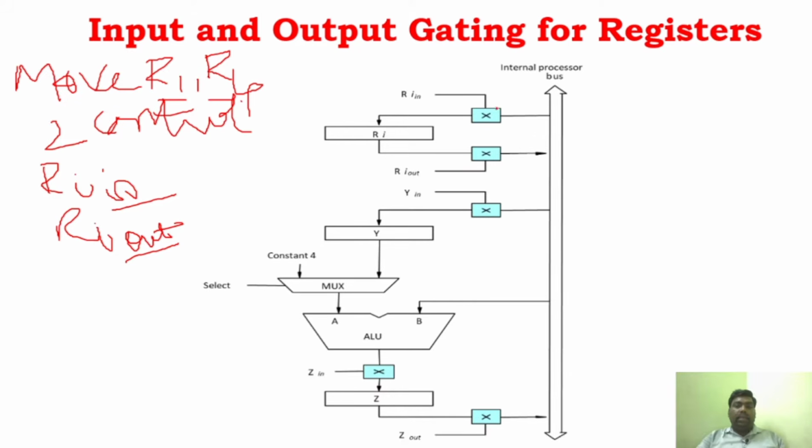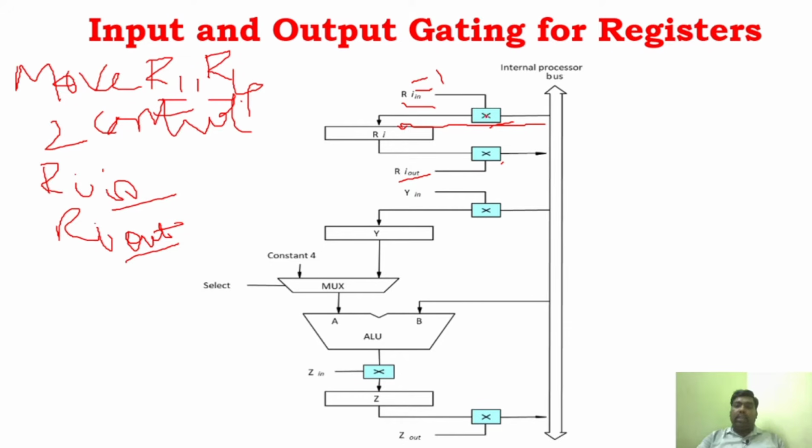This is a switch, and by using the switch the register is connected to the internal bus. This switch is controlled by these two control signals, Ri in and Ri out. If Ri in is set to 1, whatever information is present in the internal bus will be sent to this particular register.